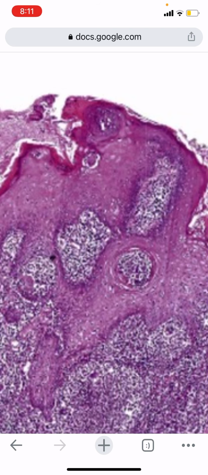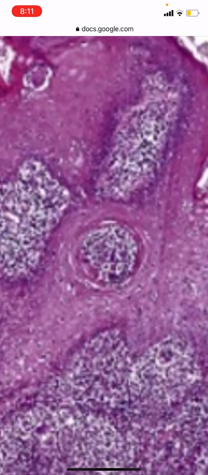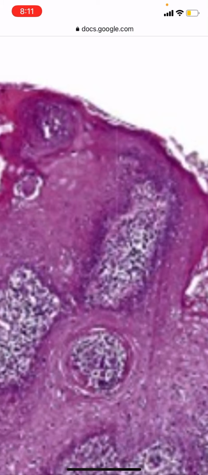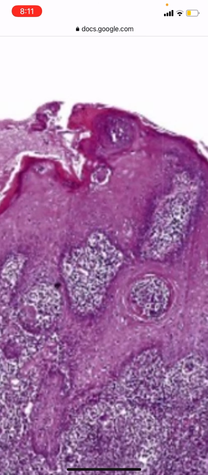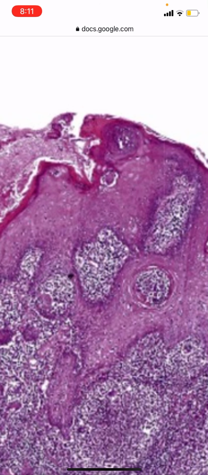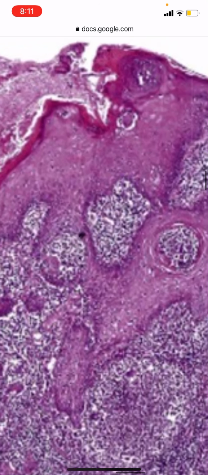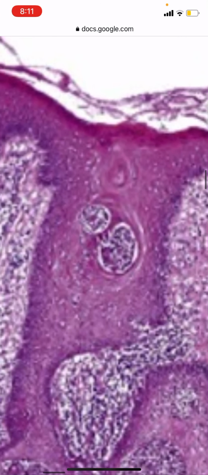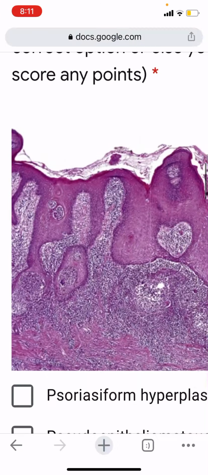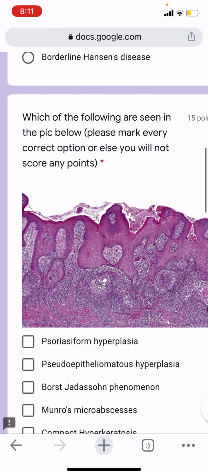These are lined by darkly stained basal cells, as you can see here. But this is a microabscess here, right in the center. This is a microabscess here. This is a microabscess here. So these are epidermal microabscesses.